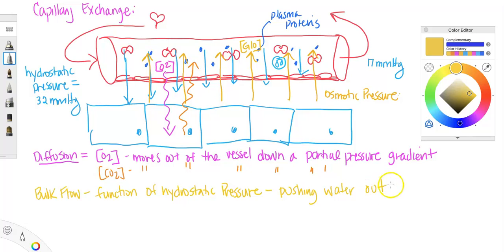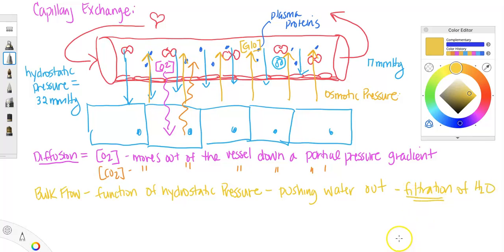It's pushing water out more at the beginning of the capillary bed and less so as it moves along and towards the end of the capillary bed. This is the filtration of water.